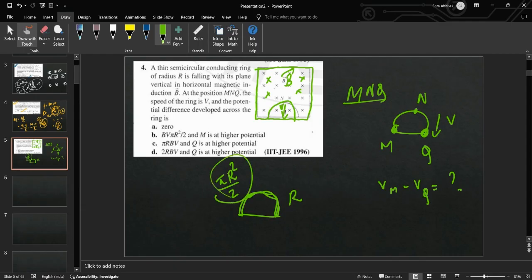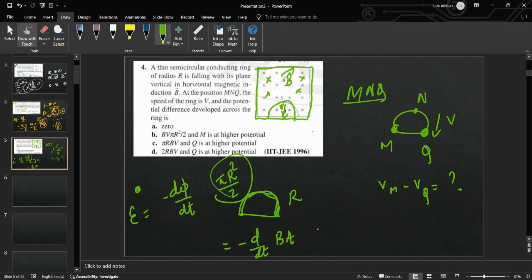If the area is changing, then the EMF will be minus d phi by dt, which is equal to minus d by dt of B into A.